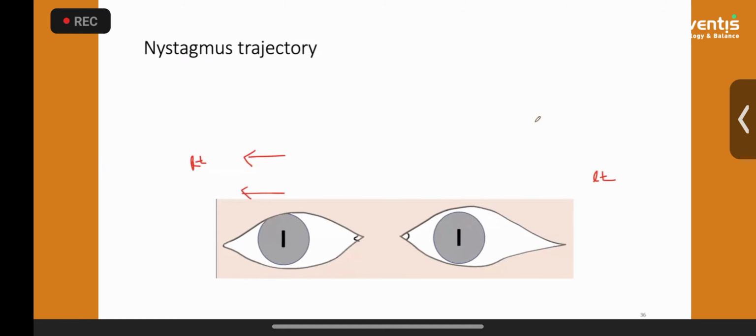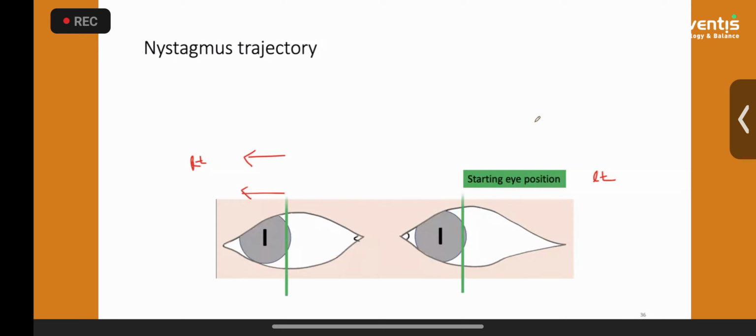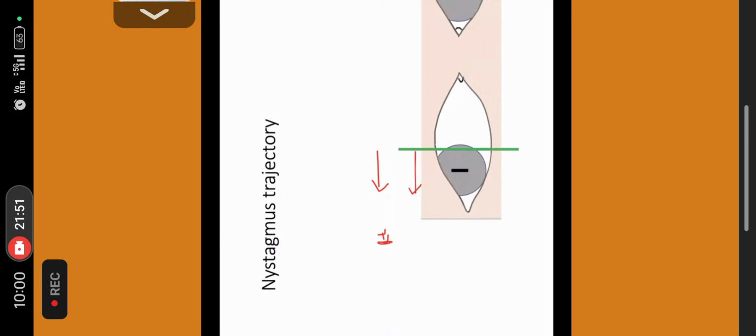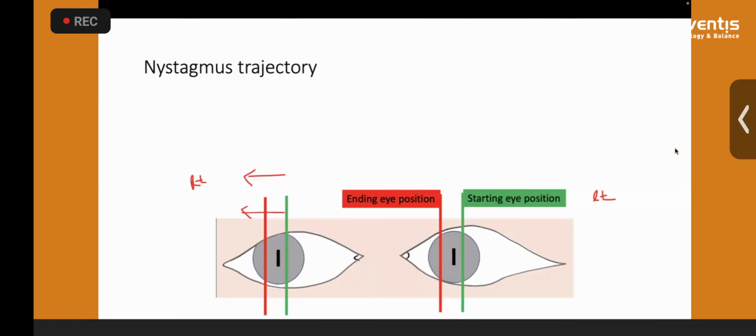Okay. Now let us look at what is meant by trajectory and what is meant by direction. What is the starting eye position? Look at the starting eye position of the fast phase, not the slow phase. So the fast phase starts from here, the green line, and the ending eye position is here. Okay.